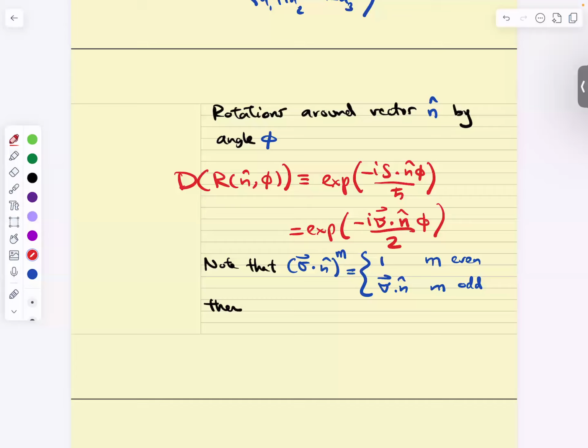For now, let's pick a particle that's spin half. We said that should be modeled by a two-dimensional complex vector space. What this tells you is how rotation acts on that particle. So rotation acts differently on different particles. And if your particle has spin half, this is how it acts on it.